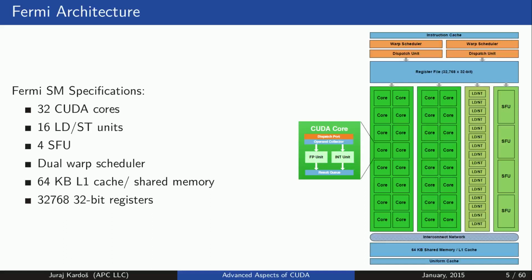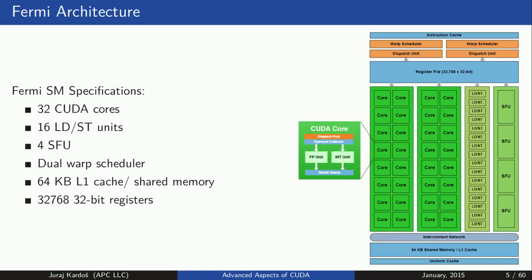An execution unit is one of the 4 columns: 2 16-core execution units, 1 unit of 16 load store blocks, or an execution unit of 4 special function units. Each streaming multiprocessor features 2 warp schedulers and 2 instruction dispatch units, allowing 2 warps to be issued and executed concurrently.